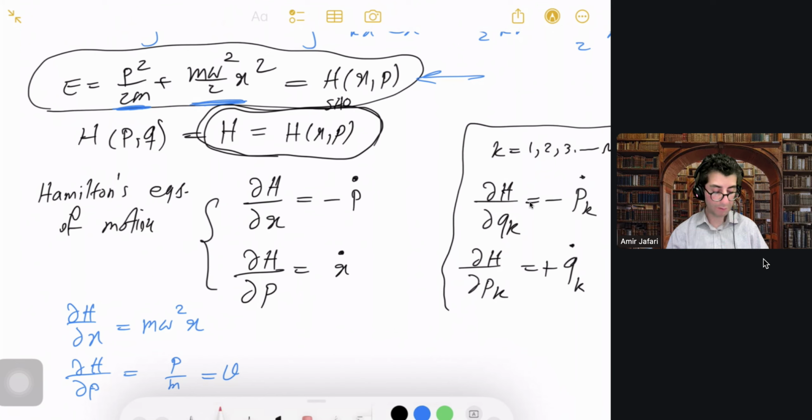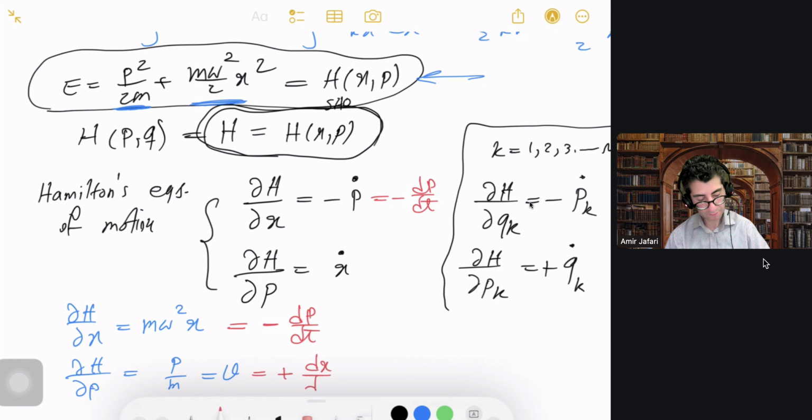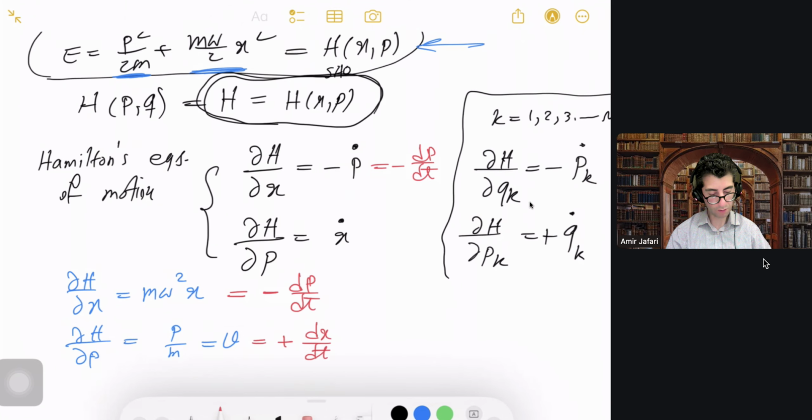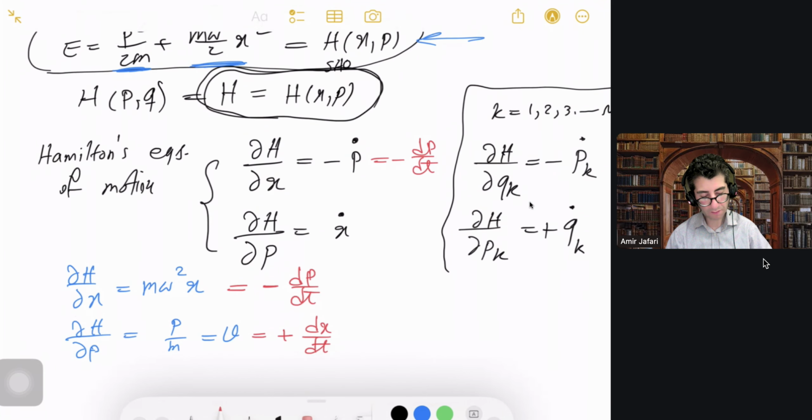Now, Hamilton's equations say that dH over dx should be negative dp over dt, p dot, and dH over dp should be plus dx over dt, right? So from here you see that, well, we already know this. This is just the definition of velocity.